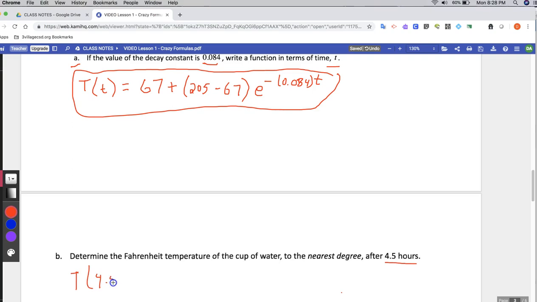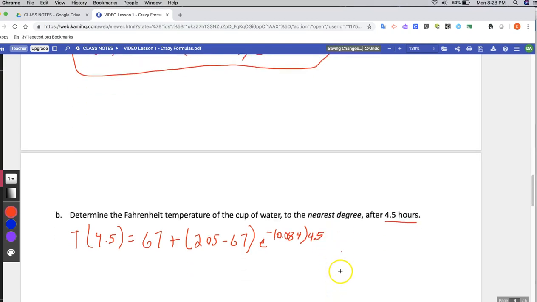So we'll just plug 4.5 in for t, and that'll equal our 67 plus parentheses 205 minus 67 parentheses e raised to the negative 0.084 times our t of 4.5. And that's the setup to our answer.